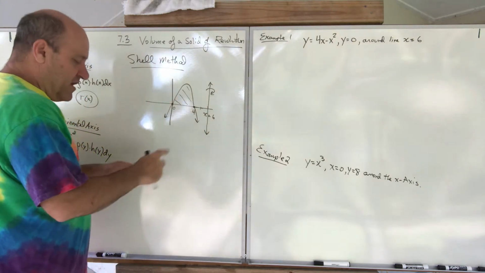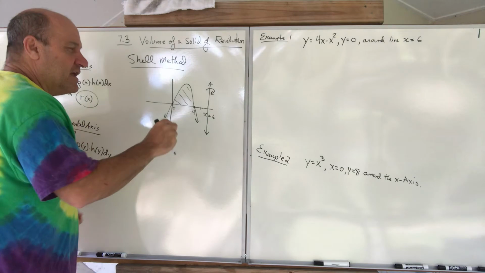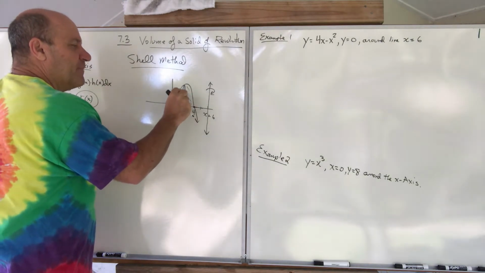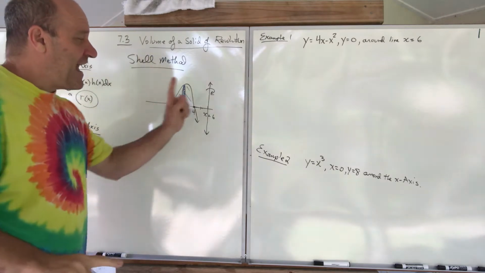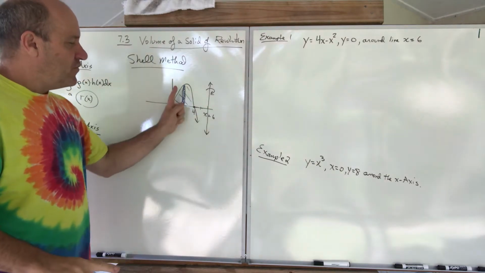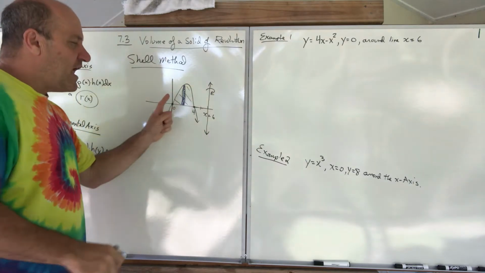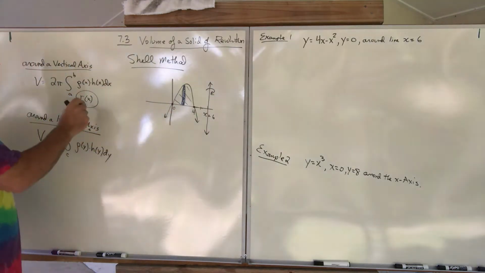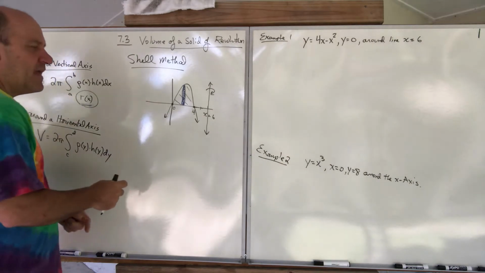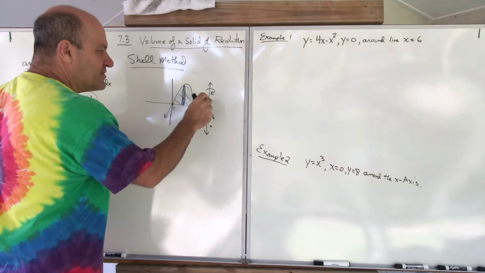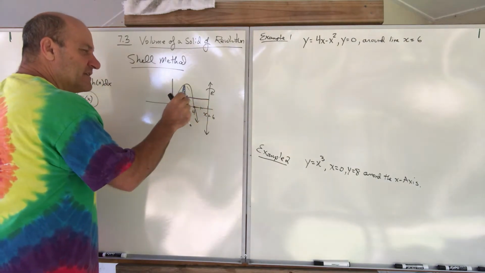Step 1 of the shell method is draw an arbitrary shell. So here's an arbitrary shell, parallel to the axis of revolution. So you draw an arbitrary shell parallel to the axis of revolution, and then you need 2 things. You need the radius to the shell and the height of the shell. The radius to the shell is that distance.